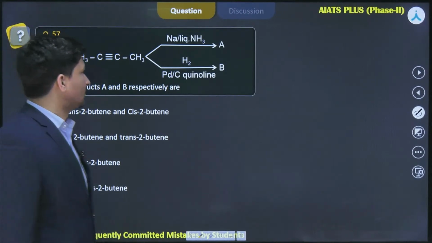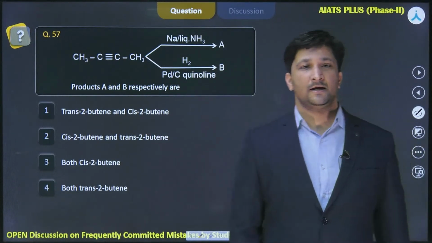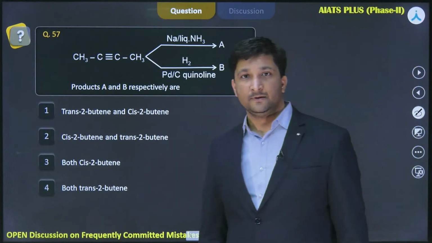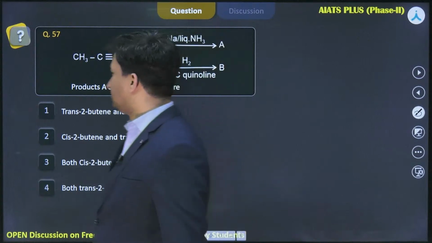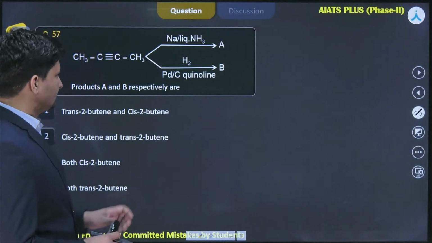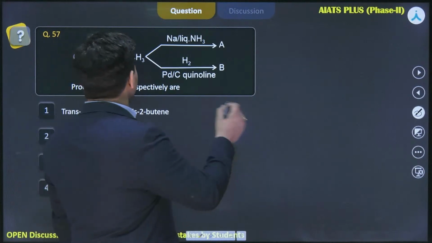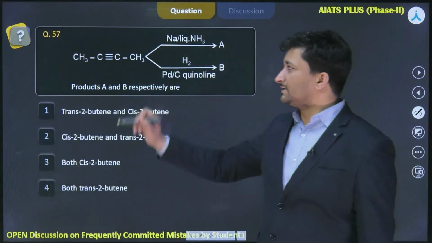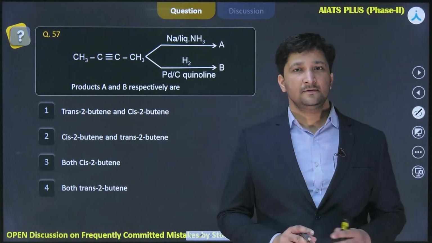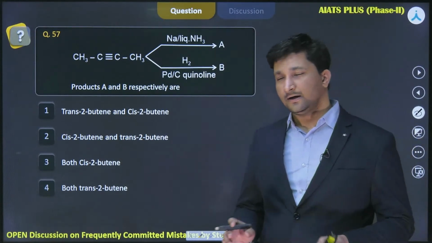CH3 C triple bond C CH3 is allowed to react with sodium in presence of liquid ammonia, then hydrogen in presence of palladium charcoal which has been poisoned with some sulfur compound or quinoline, etc. We have to understand what is going to happen: hydrogen molecule will be added to this alkyne, and after addition will produce cis but-2-ene in one case and trans but-2-ene in another case.